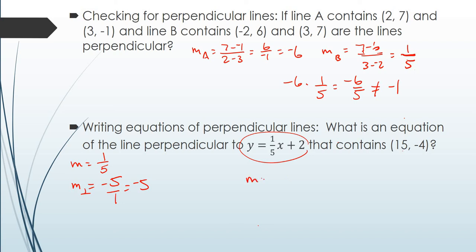So using a slope of -5 and a point of 15, -4, we can write our equation of our new line perpendicular to the original. Notice the slopes. So y minus a -4 equals the slope times x minus 15.